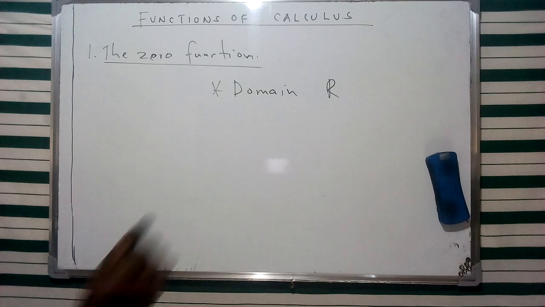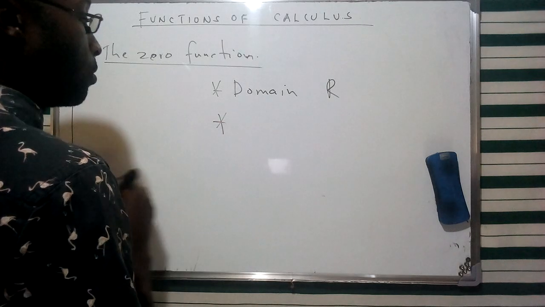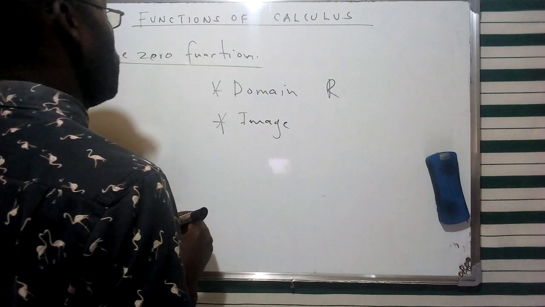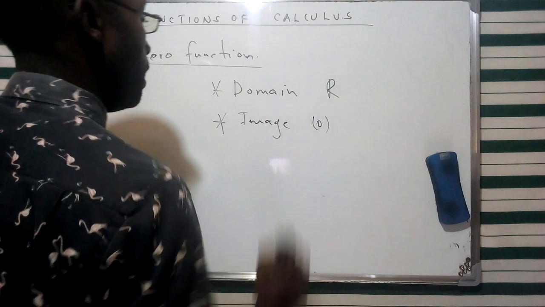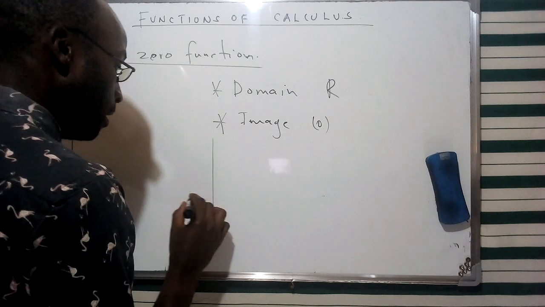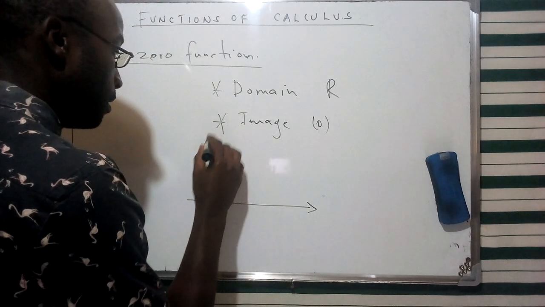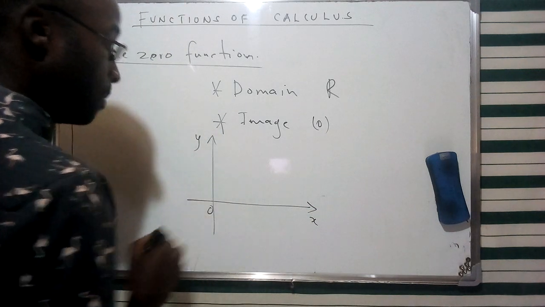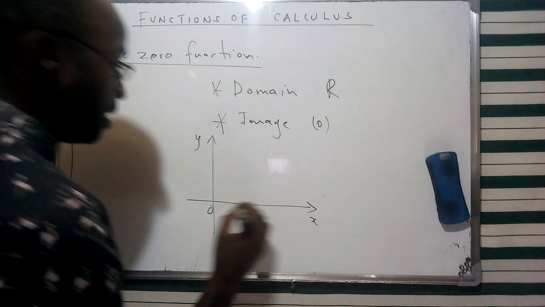Apart from that, the image of this zero function is going to be 0. And we can graphically represent this kind of function as the x-axis, whereby if we use the Cartesian coordinate system for x and y, then we give this zero function as the x-axis.